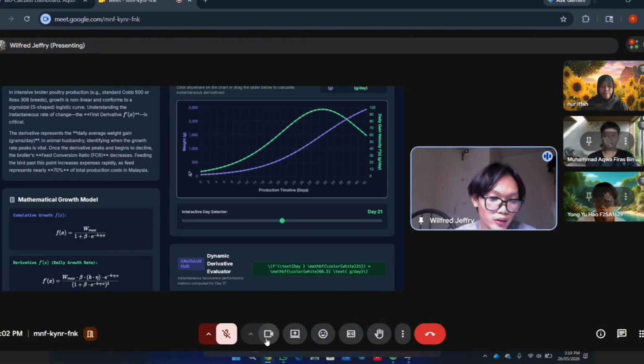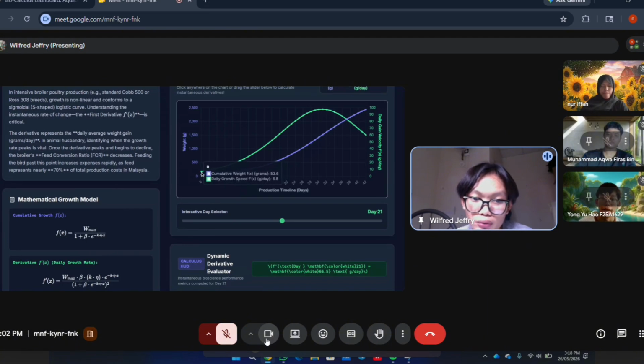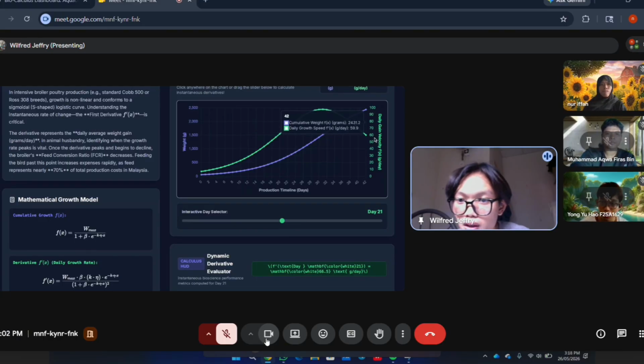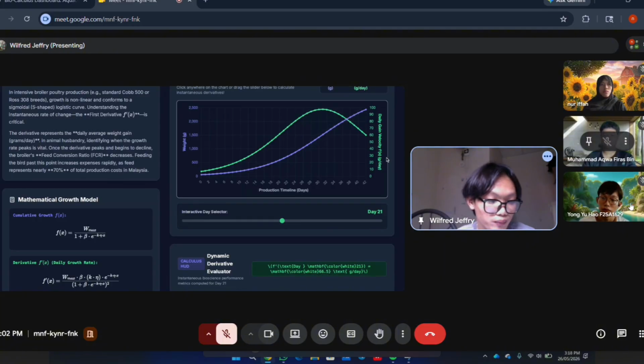If you look at the green curve, the growth rate, you will notice it rises, reaches a highest point, then starts to drop, from zero to the highest and then drops again until day 60, with daily gain velocity in grams per day. That highest point is called the peak derivative. This is the most critical stage.